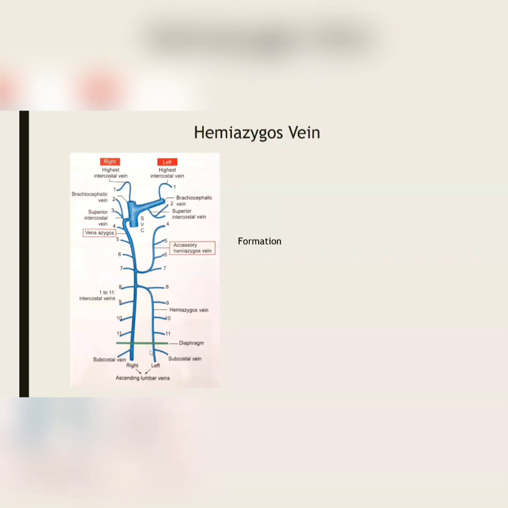So can you see the formation? Left subcostal vein, yes, and left ascending lumbar vein. Yes, very good. The formation of the hemiazygos vein is by the left subcostal vein and left ascending lumbar vein. Good.